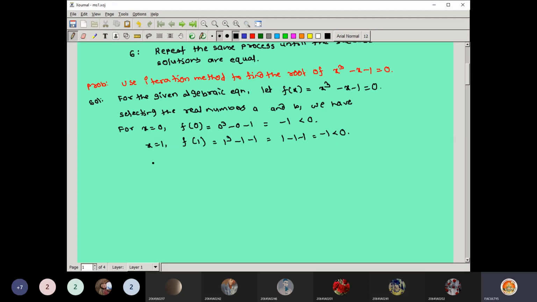Coming to x equal to 2: f of 2 equals 2 cube minus 2 minus 1, which is 8 minus 2 minus 1. So 8 minus 3, you get 5, which is greater than 0.